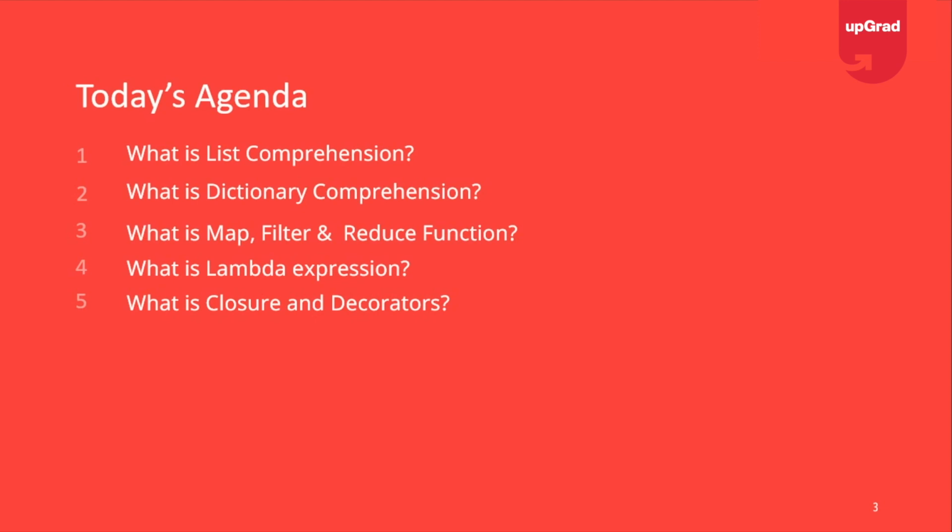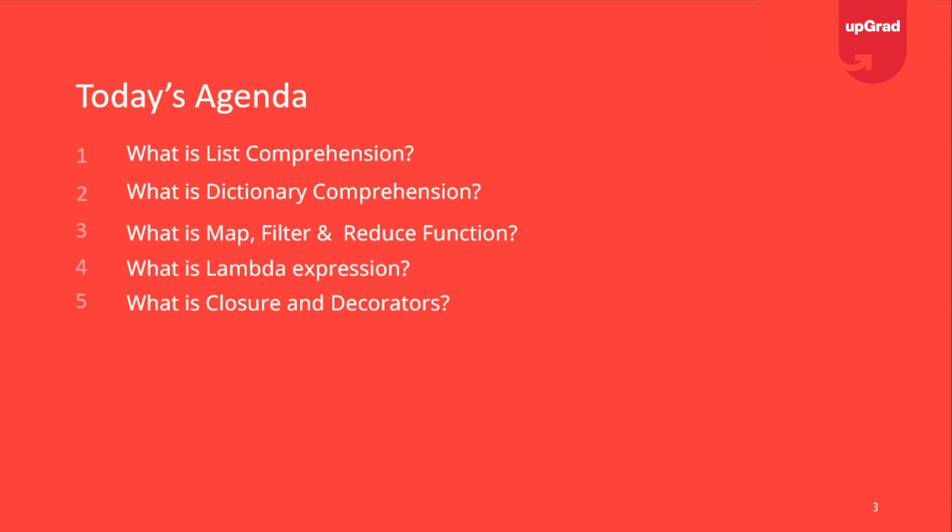Then we'll be talking about some handy and quite useful functions which are used mainly in data processing, such as map, filter, and reduce. We'll be talking about lambda expressions as well, which is one of the methods of simplifying the code or the functions. Then finally, we'll be talking about closures and decorators of Python.